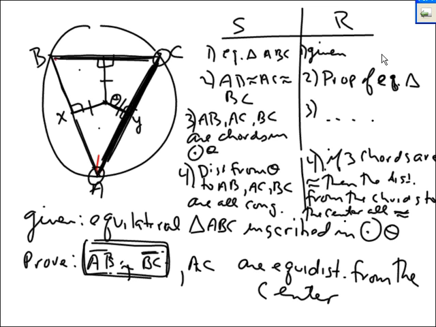Okay, so that proof is done. If two or more chords in the same circle are congruent, then the distances from the center to these chords are also congruent. They come in pairs.